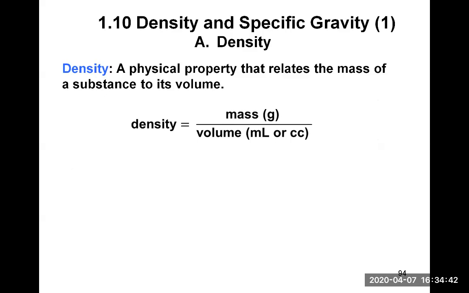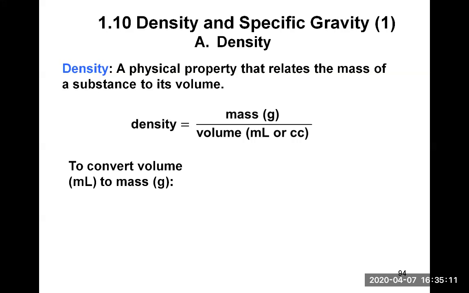Density is mass over volume, or D equals M over V. Typically, the mass is given in grams, the volume is in milliliters or cubic centimeters, and so the density unit will be grams per milliliter or grams per cubic centimeter.